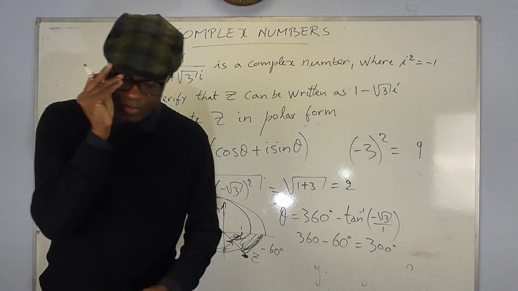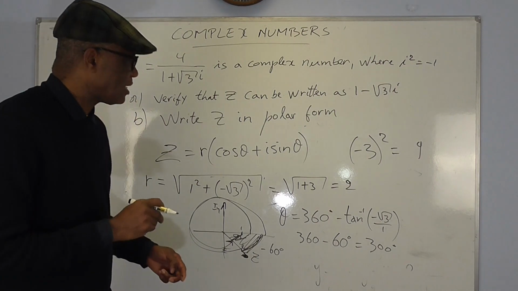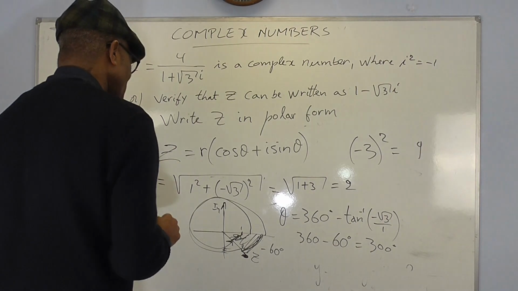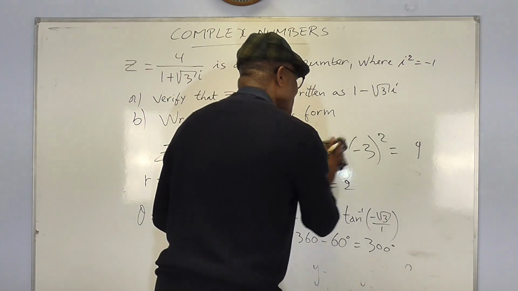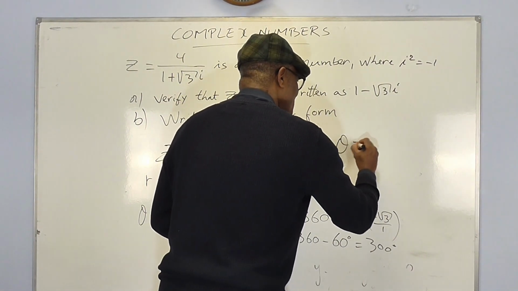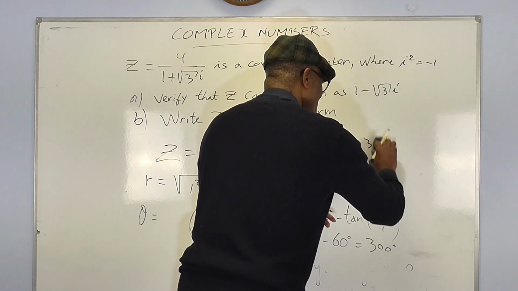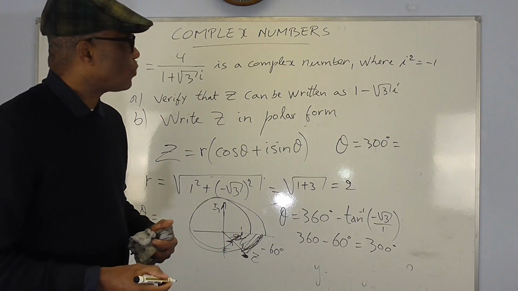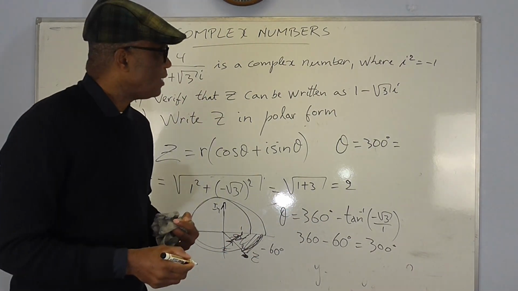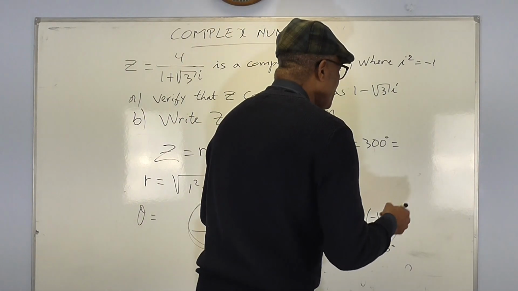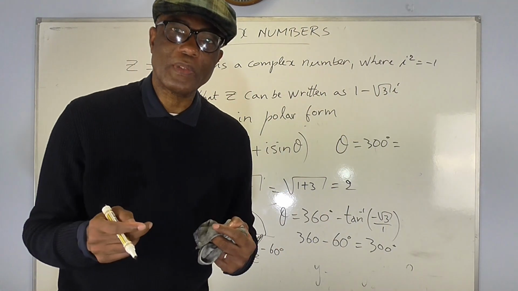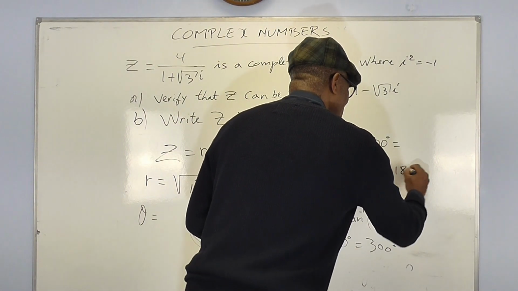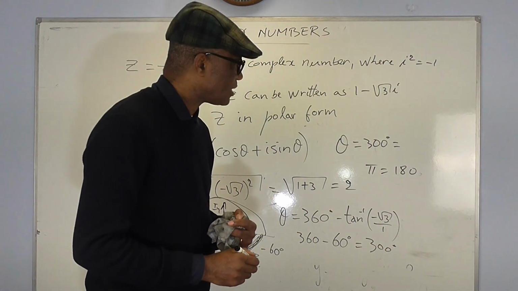We can convert 300 degrees to radians. Our argument theta is 300 degrees. So we know that pi is 180 degrees.